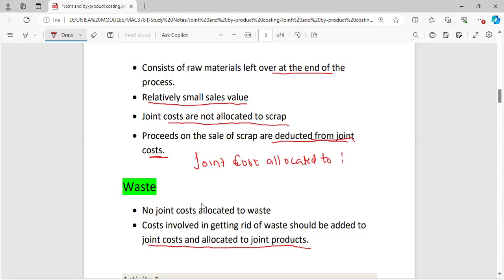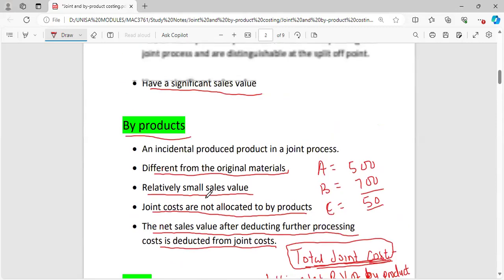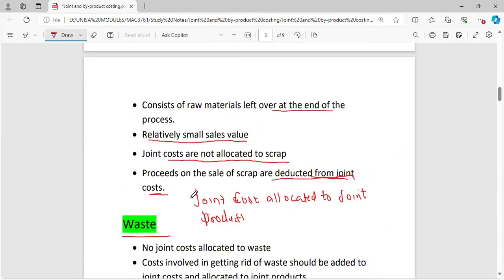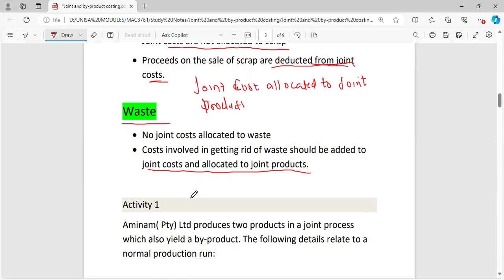You should understand how to treat waste, scrap and byproduct, so that you can determine the joint costs that are going to be allocated to the joint products.